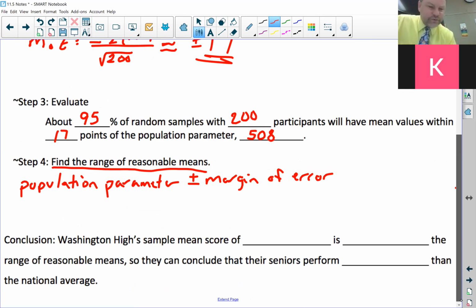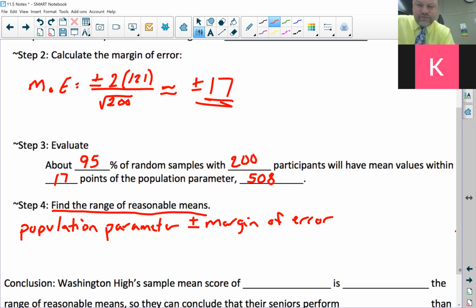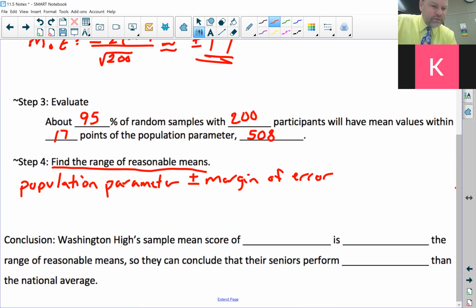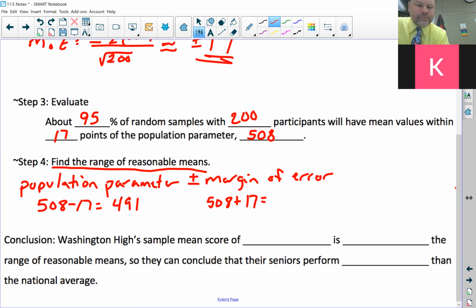So in this case, we would take 508 minus 17 and 508 plus 17. All right, so Washington High's sample mean score of 550.